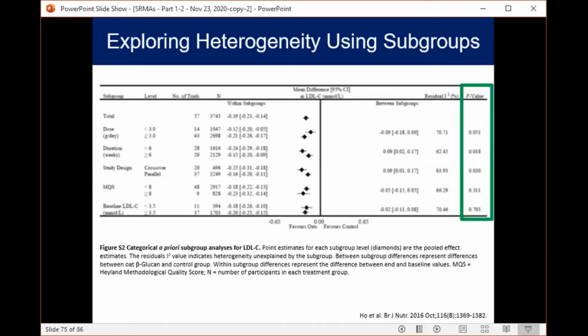Note there are subgroups representing potential clinical differences between studies, such as baseline LDL cholesterol levels, and methodological differences like study design and duration of the intervention. The p-value to assess if there is an effect modification for each subgroup is in the column farthest to the left. Note that these figures are typically always in the supplement, but described in the results.